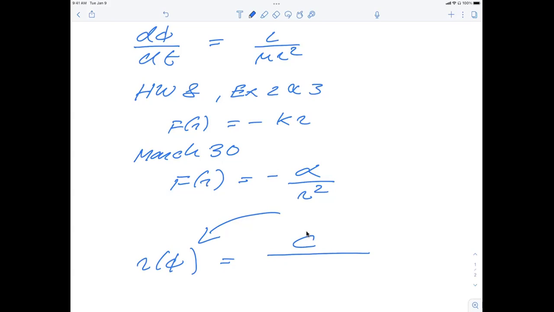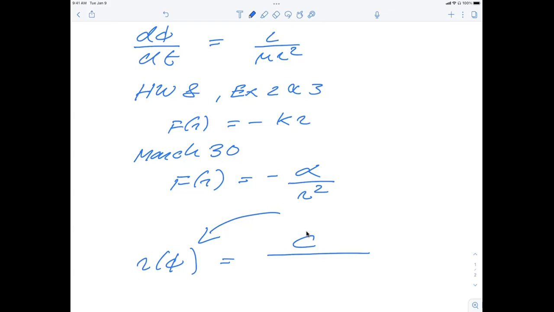So this is just us specializing to polar coordinates. And when we specialize to polar coordinates, we are just looking at the differential equation in terms of the radial degrees of freedom, which is the equation for the radial acceleration. And then we have an equation for the angular velocity, which is d phi dt. So instead of x and y, we are now solving things in terms of r and phi. So that's just the change of variables which we made.